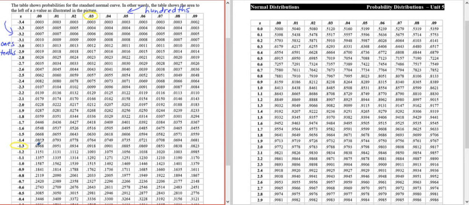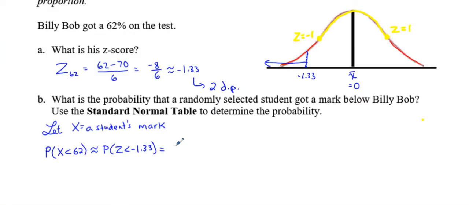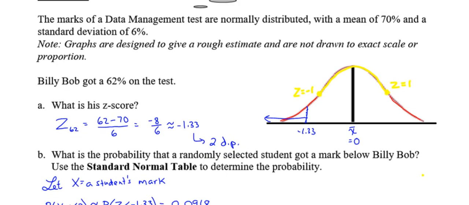We go along this row, go down this column, and match it up, and right there, that is our probability, 0.0918.